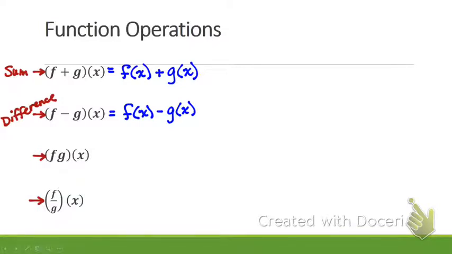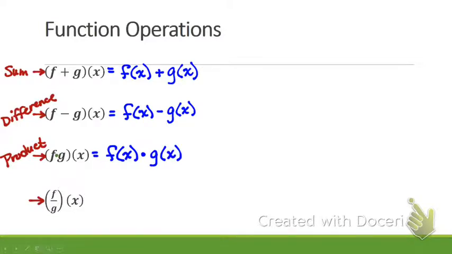What's happening between the f and the g and the third one down? Multiplying. This is the product. So we're going to take our function f of x, and we will multiply it to our function g of x.